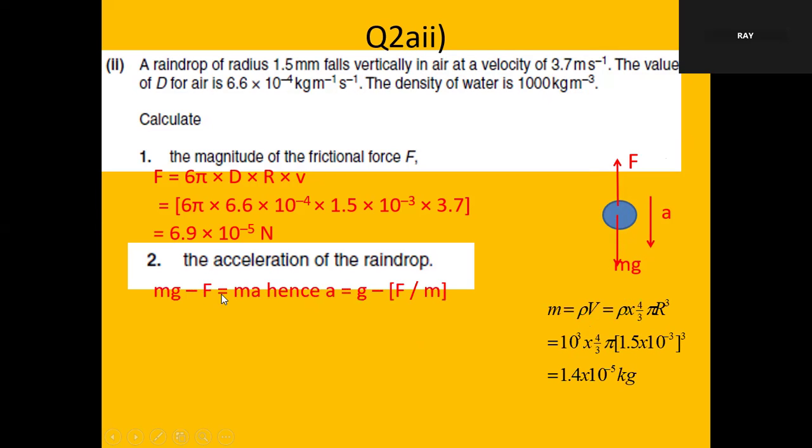So mg minus F is ma. Then a equals that divided by m. So put in your value: 9.81 here, F you calculated, divided by the mass.